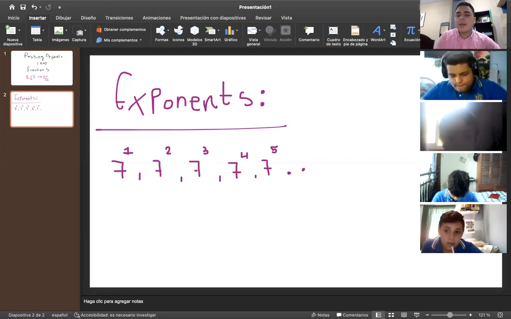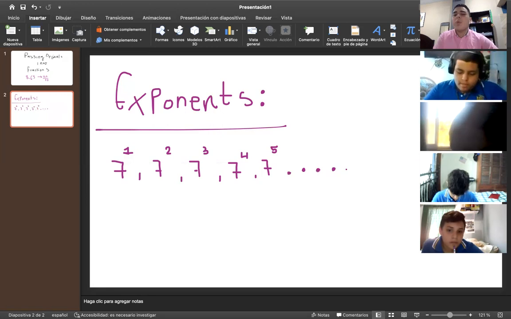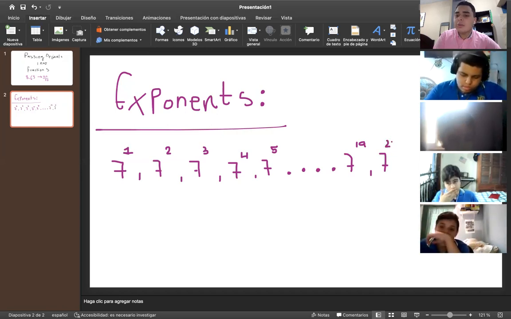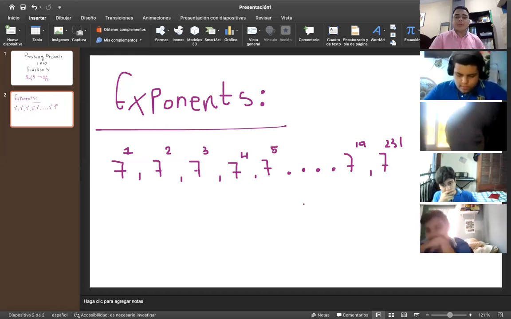We can have the number 7 elevated at any number we want. For example, 7 elevated at 19, or 7 elevated at 231, just an example, okay? So this is an exponent, guys.